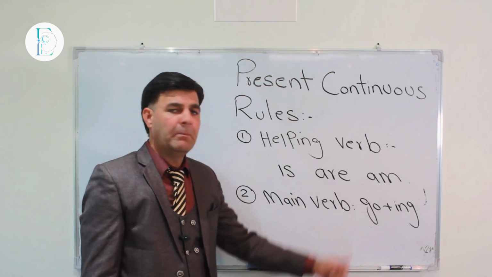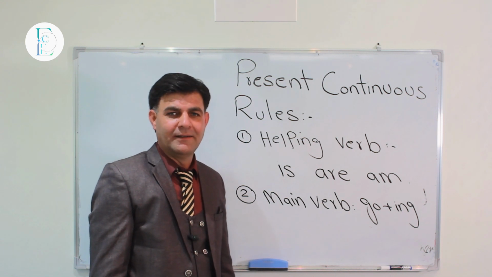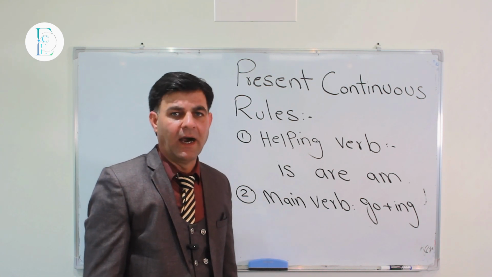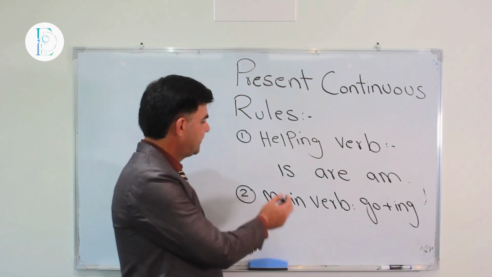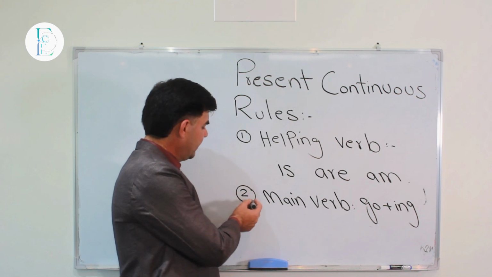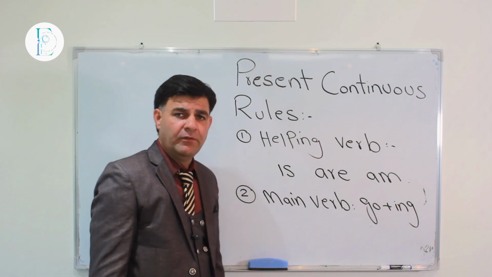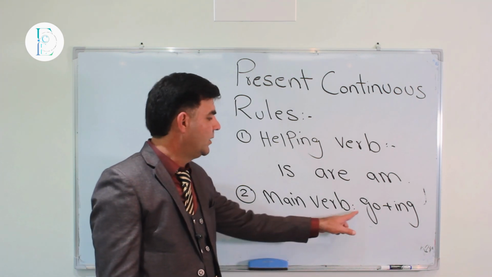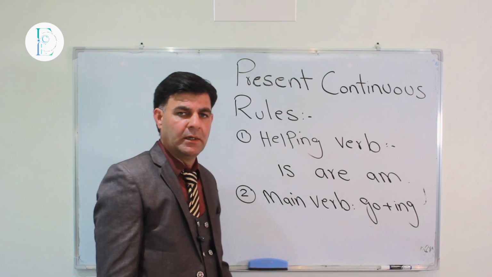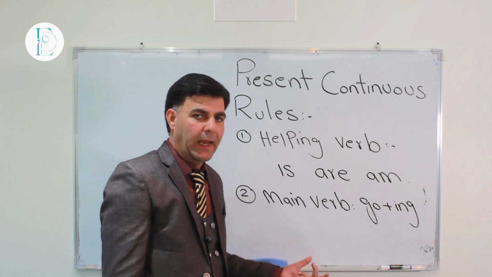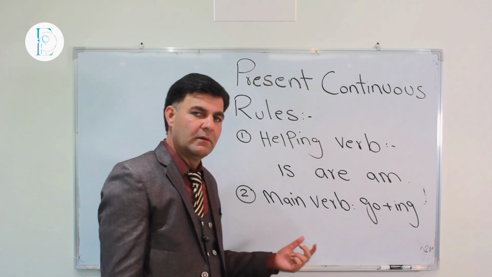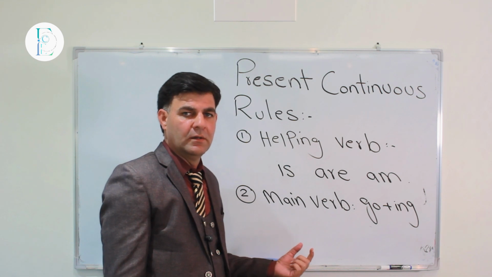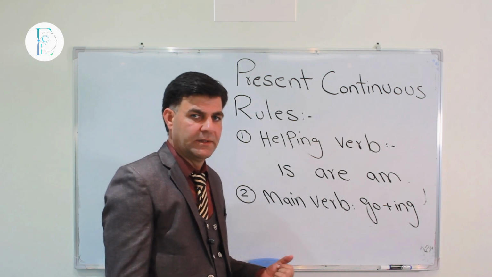And we use am with only one singular pronoun, that is I am. So, step 2, main verb, first form of the verb plus ing: go plus ing, going, play plus ing, playing, reading, writing, listening, dancing. They're all continuous forms of verbs.